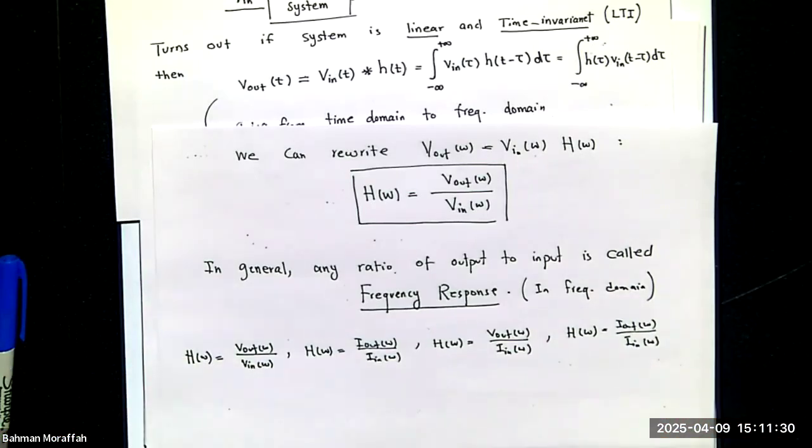Right? These are all the possibilities that we have. There is always some input voltage or current, some output voltage or current.